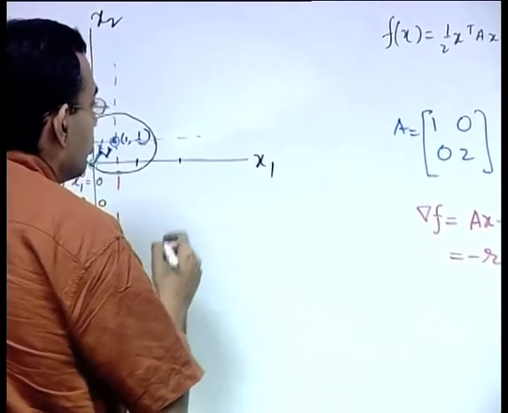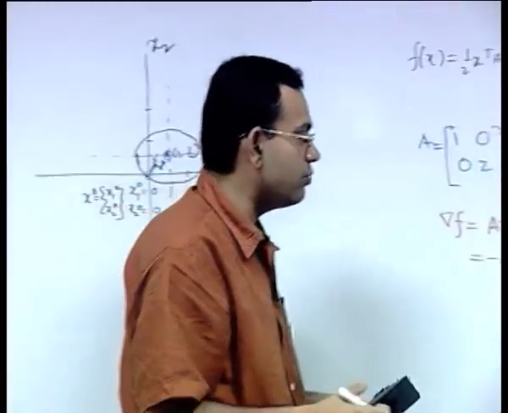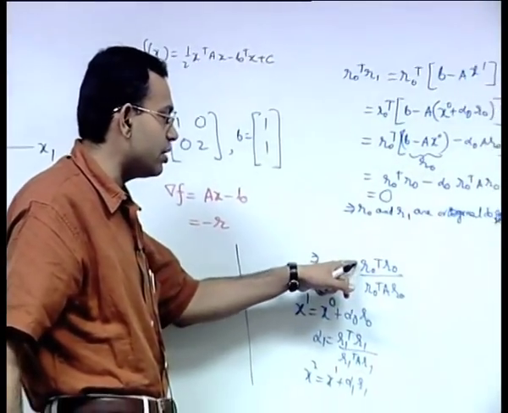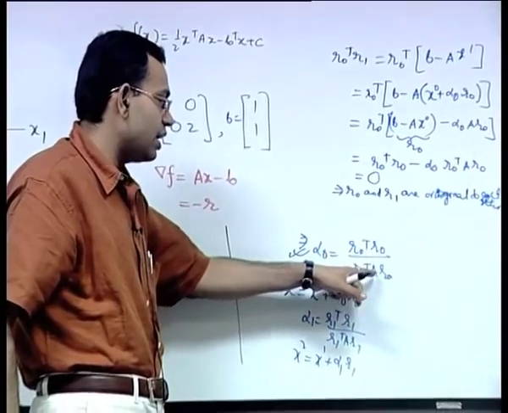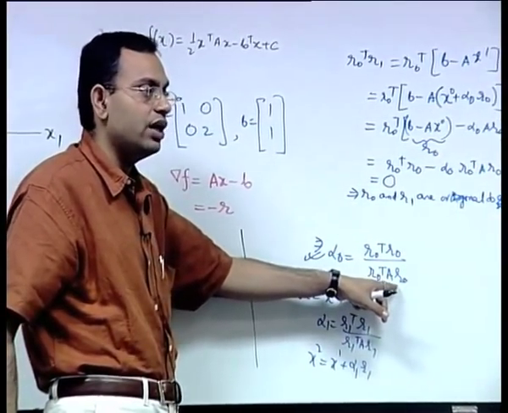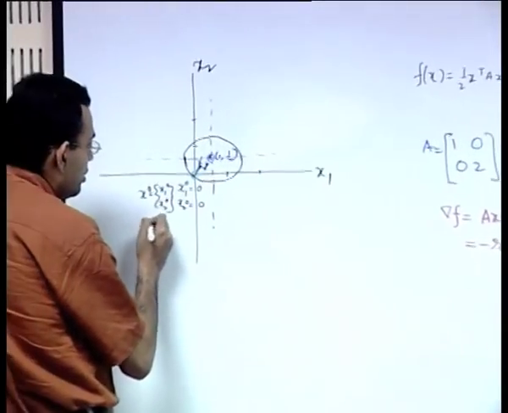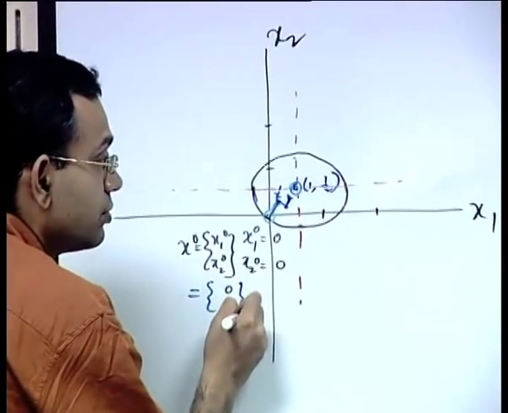So first step, what you have to calculate? You have to calculate alpha 0. That means you have to calculate r0, r0 transpose r0, and r0 transpose into A into r0. So your x0 is known, that is 0 0.